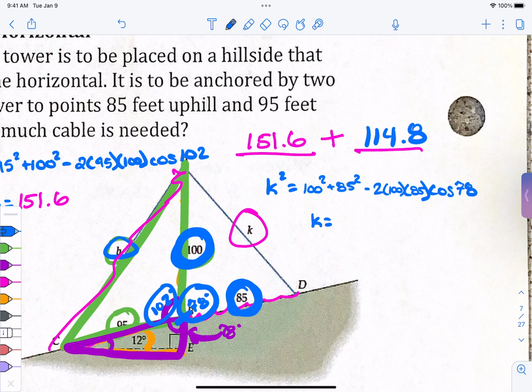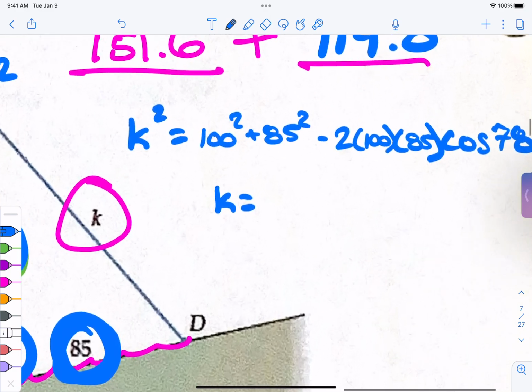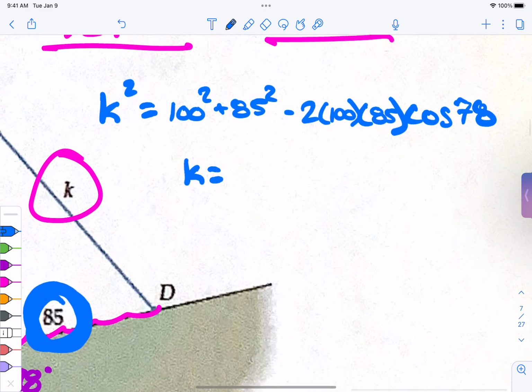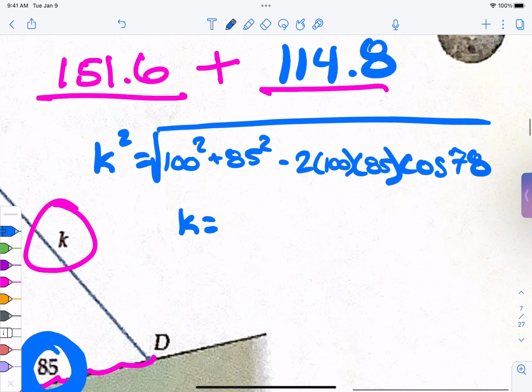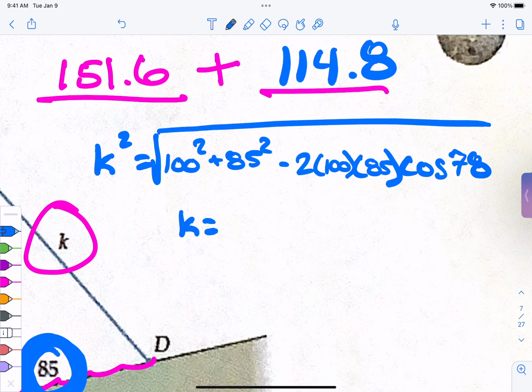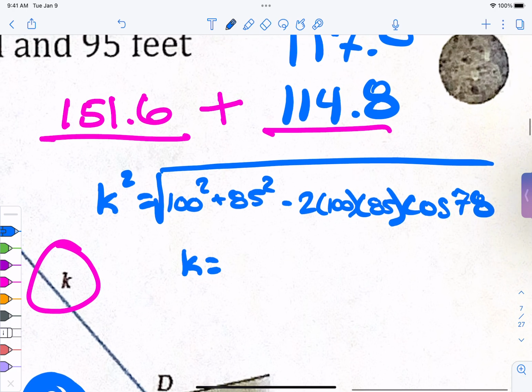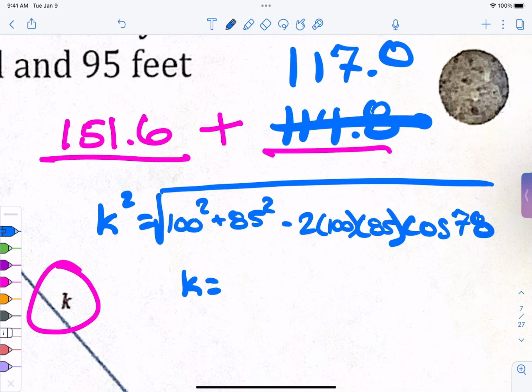Let's think here. Any of those? I'm not getting the same thing. Here's my deciding factor. Take the square root of all this: 100 squared, square root of 85. I got 117. 117.0. Okay. So you must have just typed the number wrong. Maybe. I've done it 3 times.